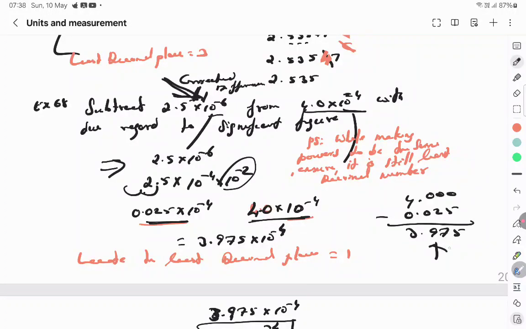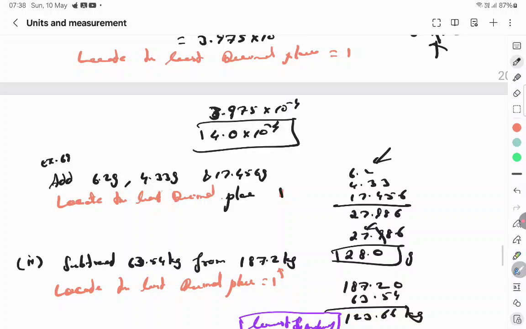And then again you have to round it to the least decimal place only. What was the least decimal place in this sum? There was just 1 decimal place, correct? So 1 decimal place. You are dropping off a 9, so the previous number is going to become 4, and 1 decimal place means 4.0.